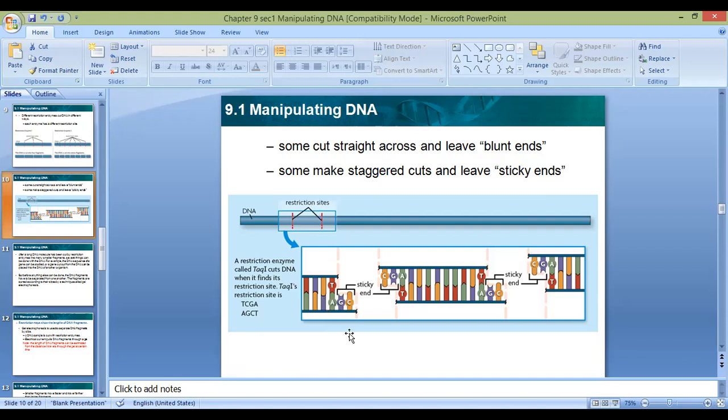For example, here I have GC and CG, these are sticky ends. As soon as the GC finds a CG, they join together by forming hydrogen bonds. This makes it easier for the pieces of DNA to join together.